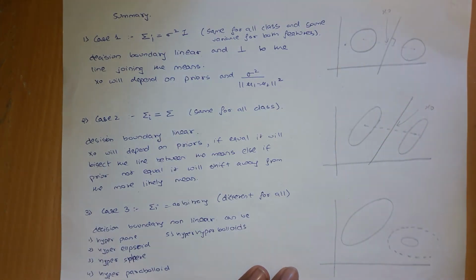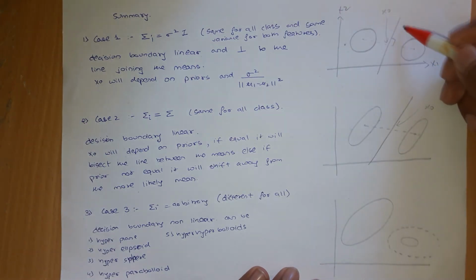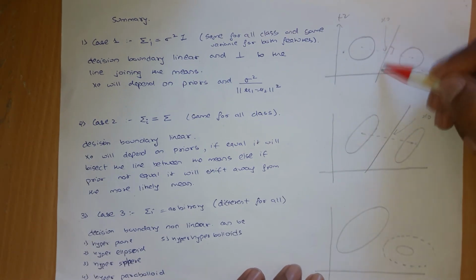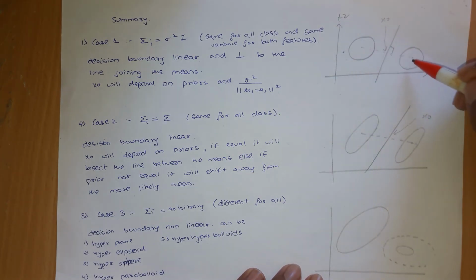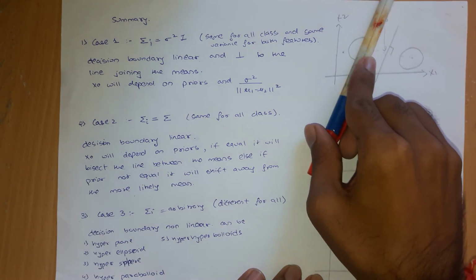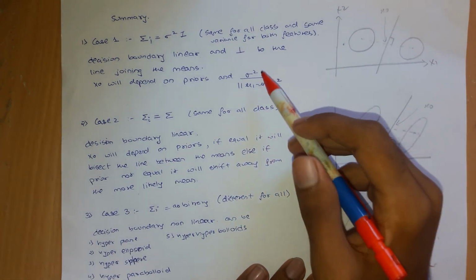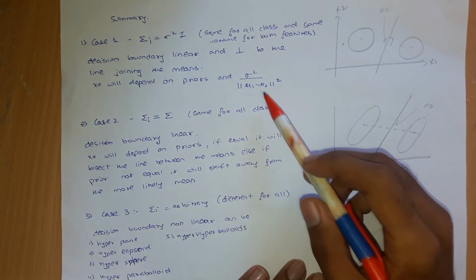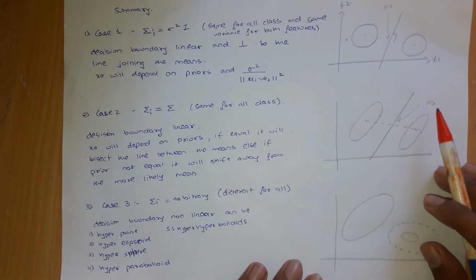Here there will be a linear decision boundary which will be perpendicular to the line joining the two means, and the priors will decide whether it is at the midpoint or over here or there. That is what priors will decide, and sigma square upon the distance will also decide. So distance and the variance will decide.